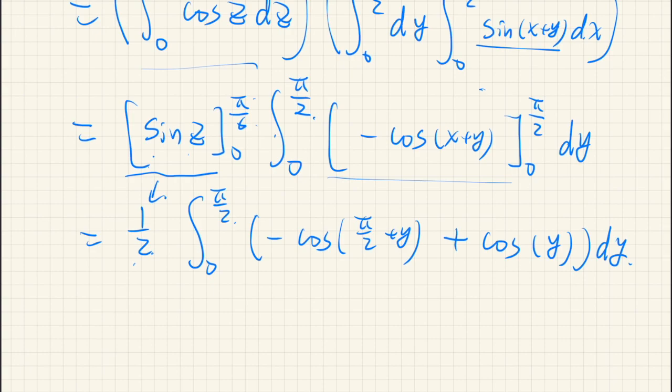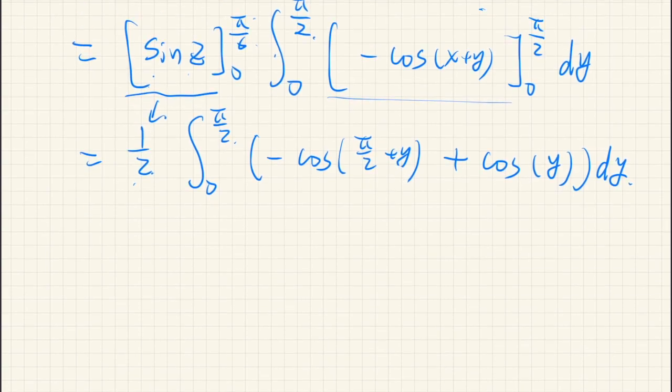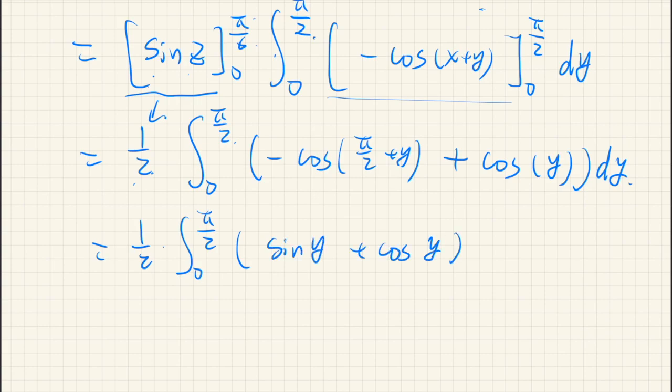Now cosine of y plus pi over 2 is actually sine y. So that is sine y, cosine y dy.